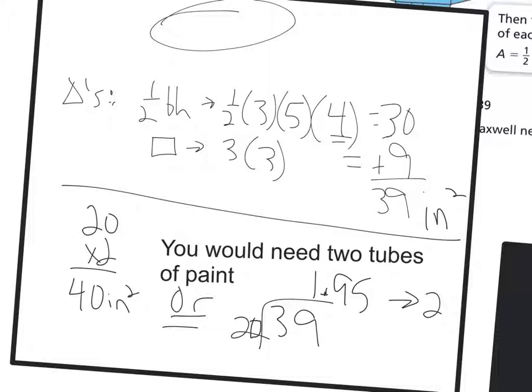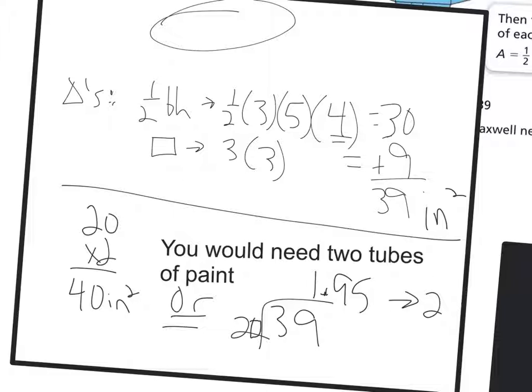It'd be a little more complicated, but basically, if the whole thing, including the whole bottom, is 39 square inches, we have 30 square inches for just the triangles. If 1 tube of paint is 20 square inches, we're going to need more than 1 tube anyway, just to do the triangles.